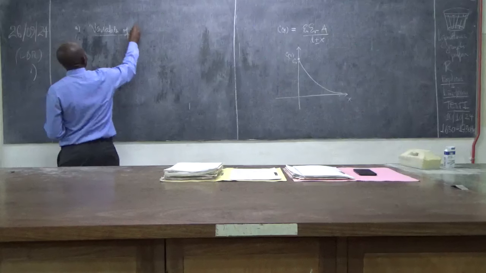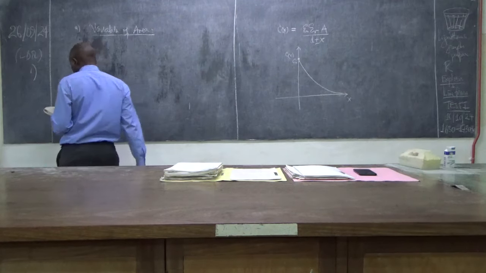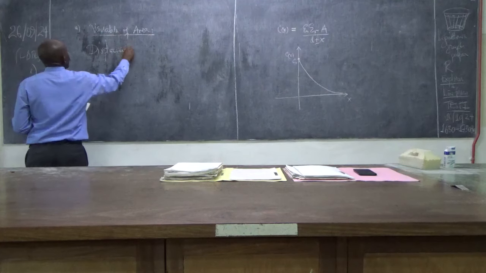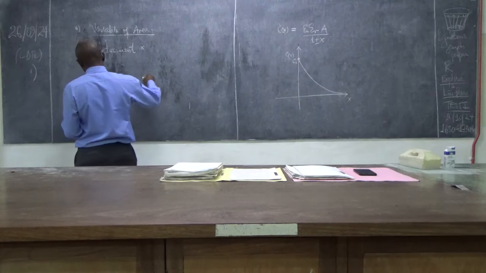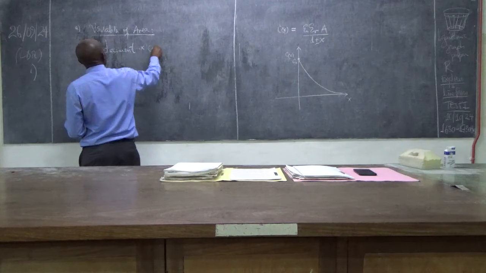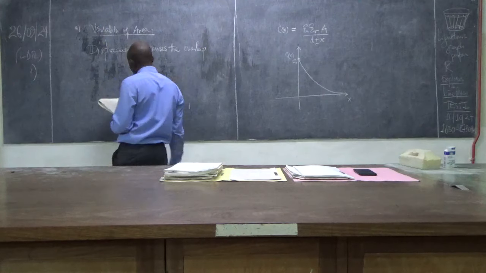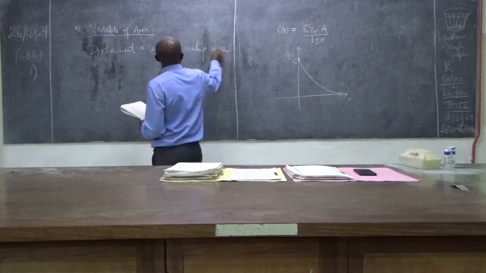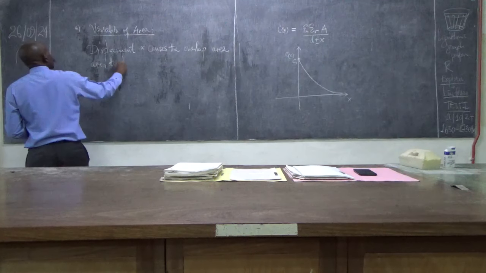So variable of area: displacement X causes the overlap area to decrease.